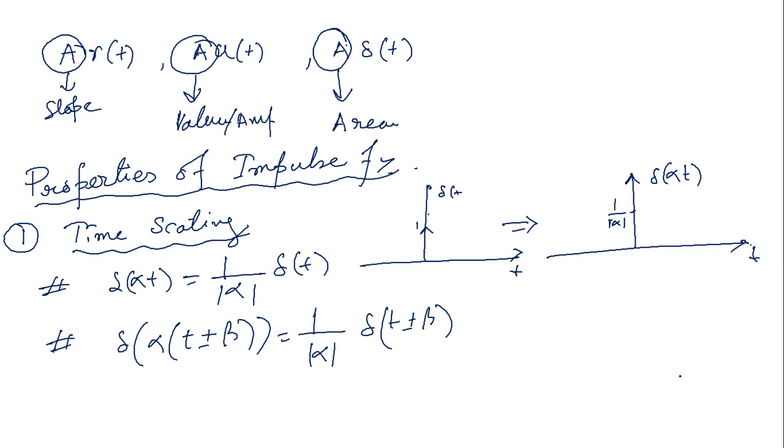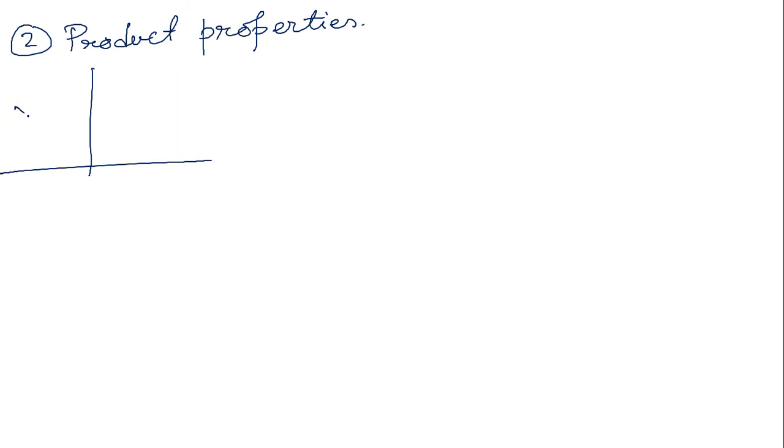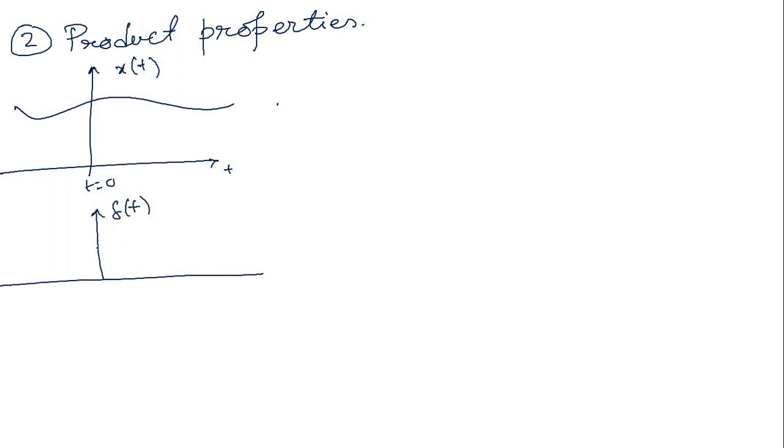The second property is the product property. If I take one signal x of t, and I multiply this signal with delta t, where delta t is 1 at t equals 0, suppose x of t is 4 at t equals 0, meaning x of t crosses the y axis at 4.